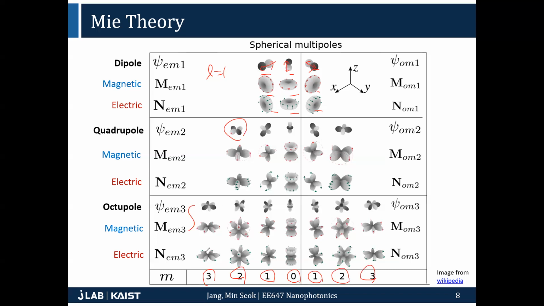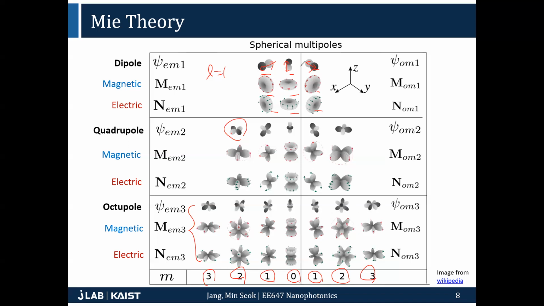And similarly, when it becomes an octopole, you have how many? 8? 6 or 8? 6, I guess. Well, anyway, you have multiple poles, and your emission pattern looks more complicated.